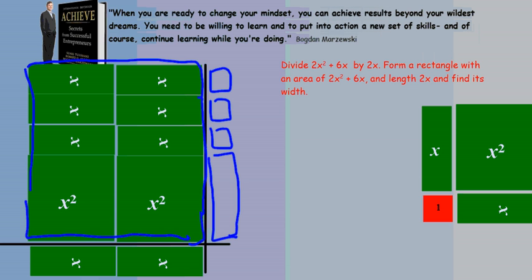So let's grab those tiles provided on the right side of the screen and see what would make sense. So 1 x tile and then 3 unit tiles. So this is the proposition.